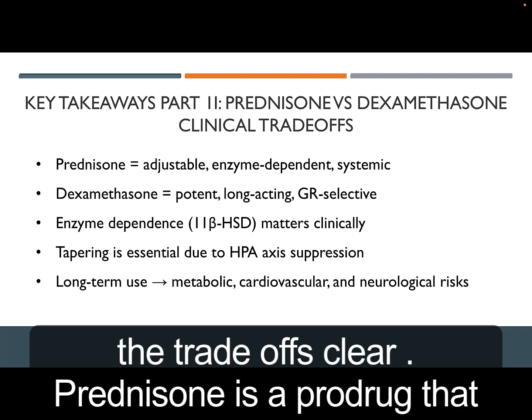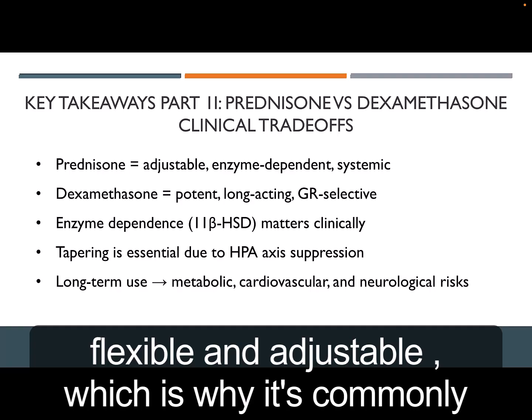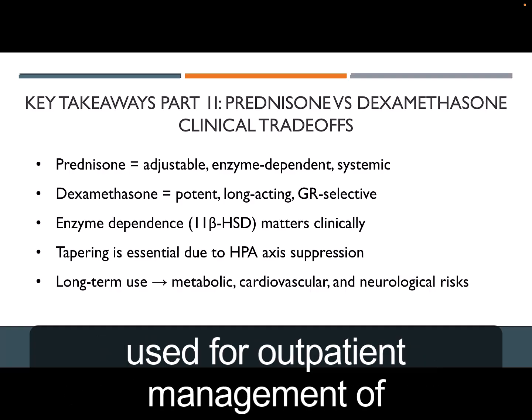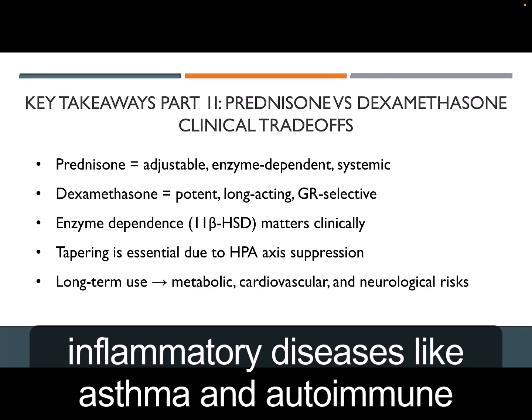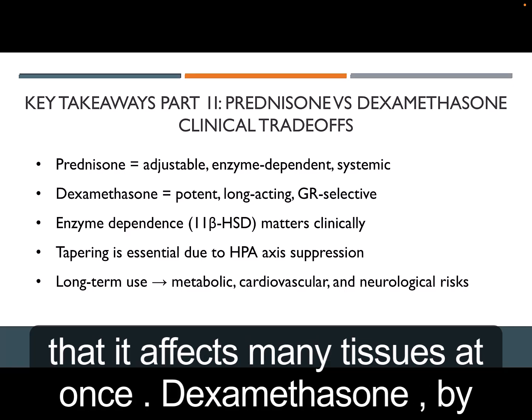Prednisone is a prodrug that relies on enzymatic activation. This makes it flexible and adjustable, which is why it's commonly used for outpatient management of inflammatory diseases like asthma and autoimmune disorders. But that same systemic exposure means that it affects many tissues at once.